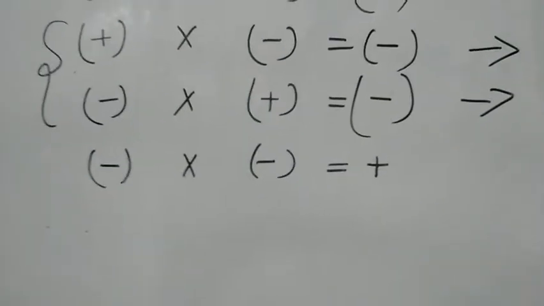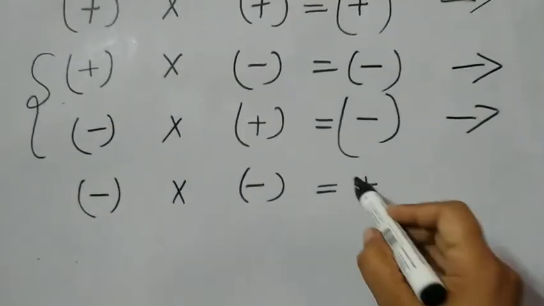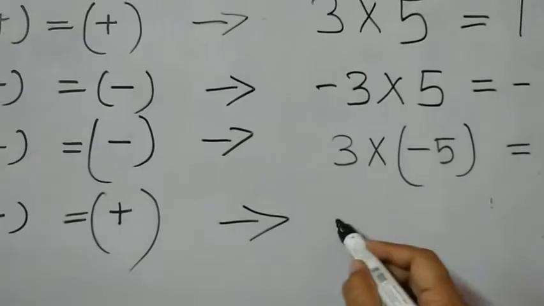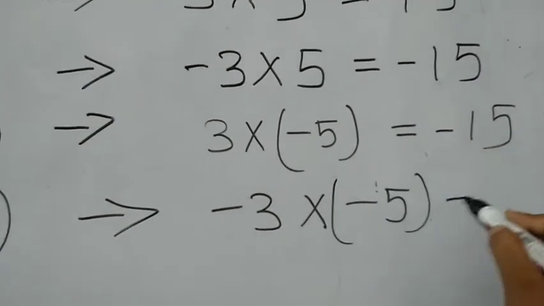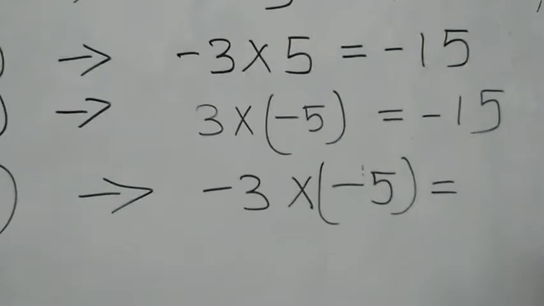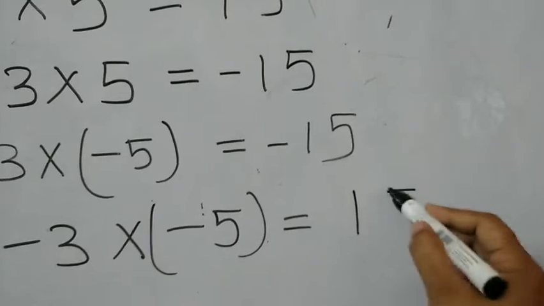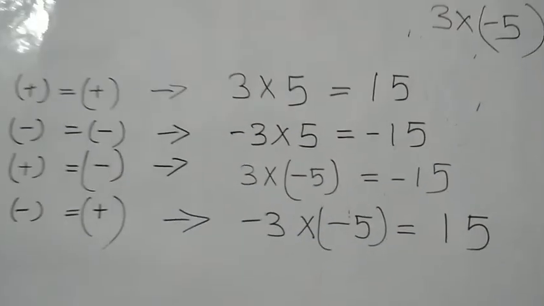The last rule says if both the numbers are negative, so the answer will be positive. Okay, minus 3 into minus 5, so minus into minus is plus, and 3 into 5, 15, so the answer is positive, that is 15.